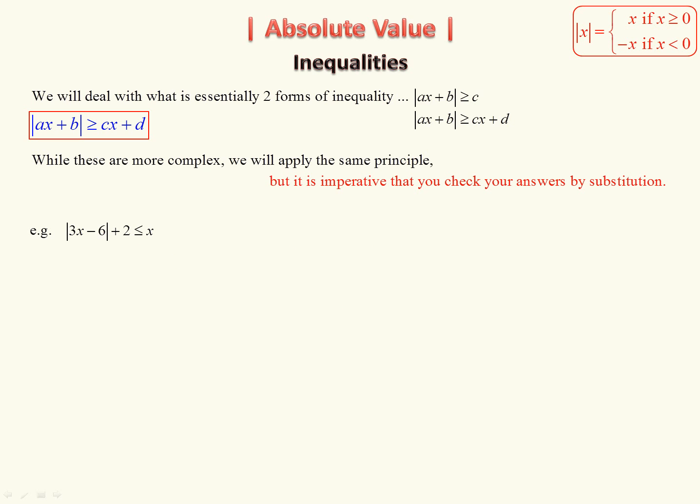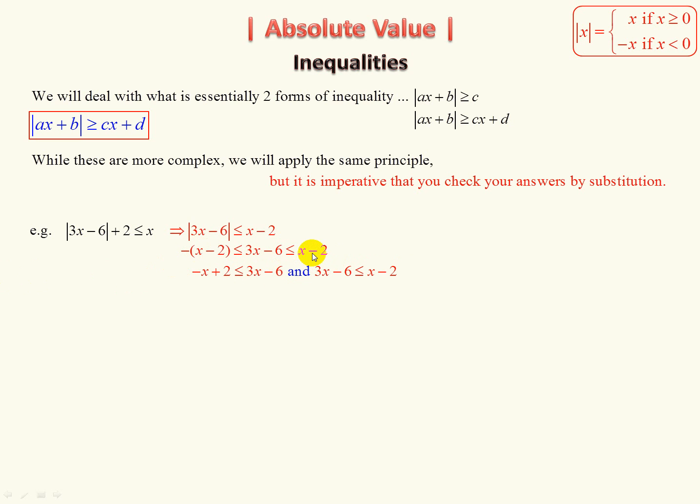Let's have a look at another example. Alright, now less than or equal to, so it's between. It's between the negative of that and the positive of that. There's 3x minus 6. So there we are. We've ended up with the same situation as before, where we're going to have to split that because we've got a negative x and an x.